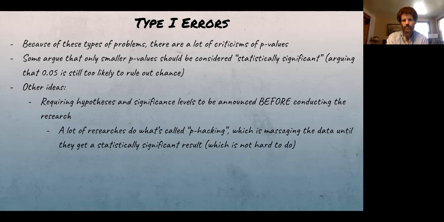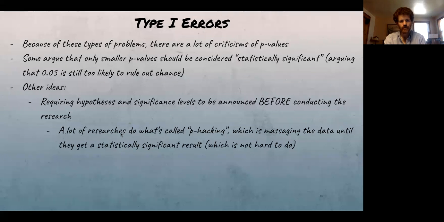You maybe can even throw out some of the data that you decide after the fact wasn't very good. And you can just kind of massage the data. You can really, in some cases, be unethical about it. And you can come up with a statistically significant result that doesn't really map onto reality. It's not a true result. You just did some p-hacking.